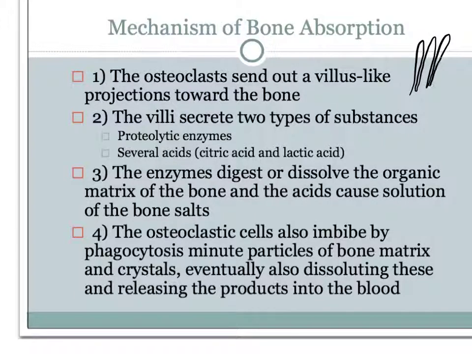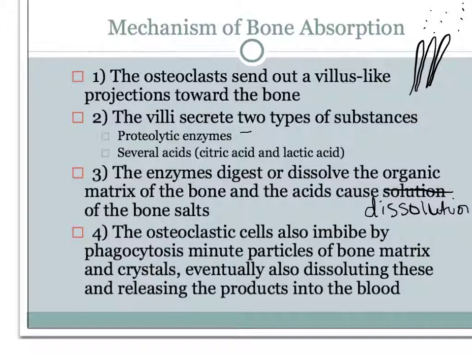Those villi are going to secrete two types of substances: a proteolytic enzyme, which we know enzymes speed up reactions, and several different acids, citric acid and lactic acid, which the body will take from different areas of your body. The enzymes will then digest or dissolve the organic matrix of the bone, and the acids will cause dissolution of the bone salts. Okay? So everything's being dissolved at this point.